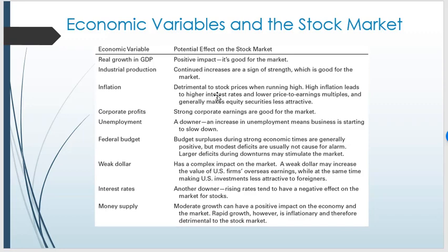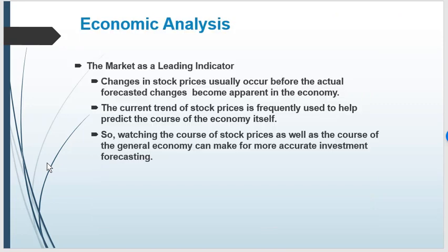High inflation leads to higher interest rates, leads to lower PE multiples. Generally makes equity securities look less attractive. And again, we can read through all of these variables and they all provide some picture, if you will, of where we think the economy is going to go.